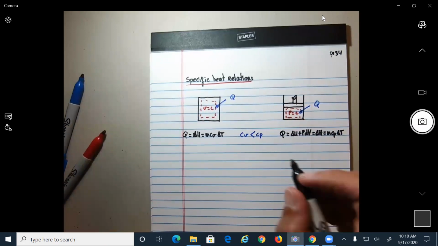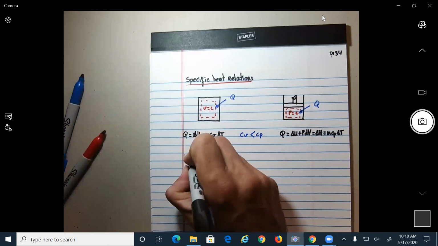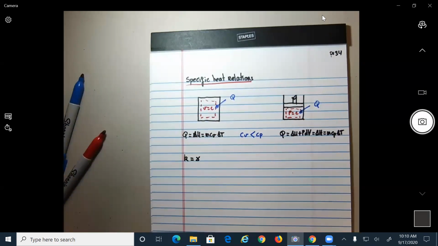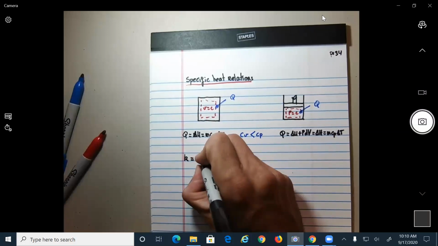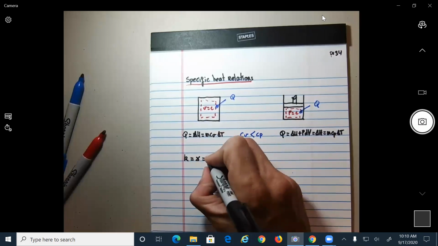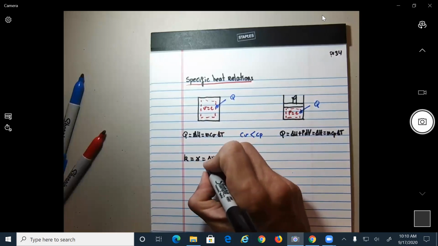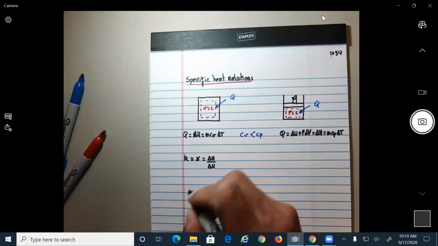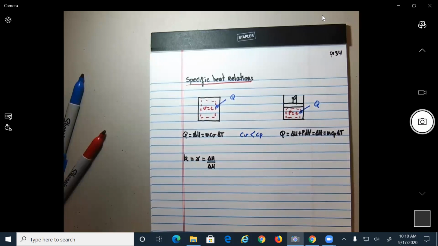So in the book, they use the variable K, but if you go to many aerospace textbooks for aerodynamics, they call it gamma. All right? The definition of this is the change in enthalpy divided by the change in internal energy.